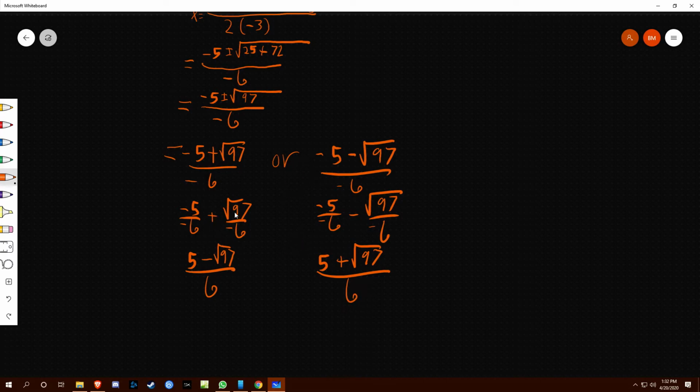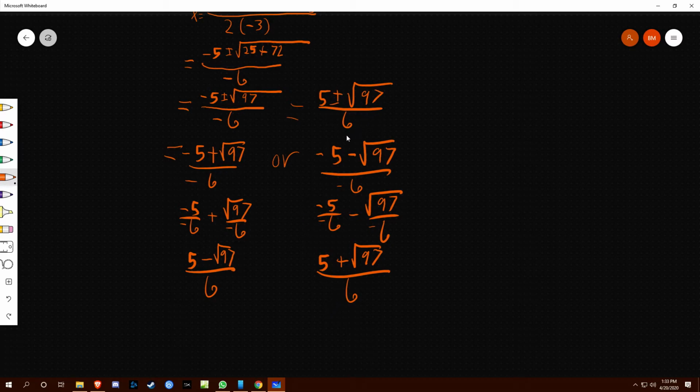So it flips both signs, the 5 sign and the square root of 97 sign, but because it's plus or minus, this minus becomes the plus, this plus becomes the minus. So I would say my final answer was 5 plus or minus square root of 97 divided by 6. I just basically eliminated these two negatives, and this took care of the situation.